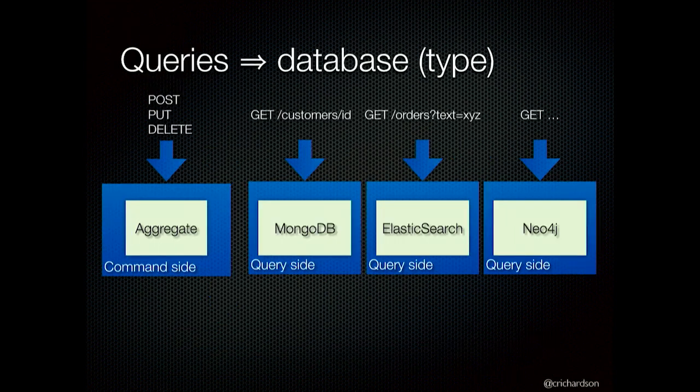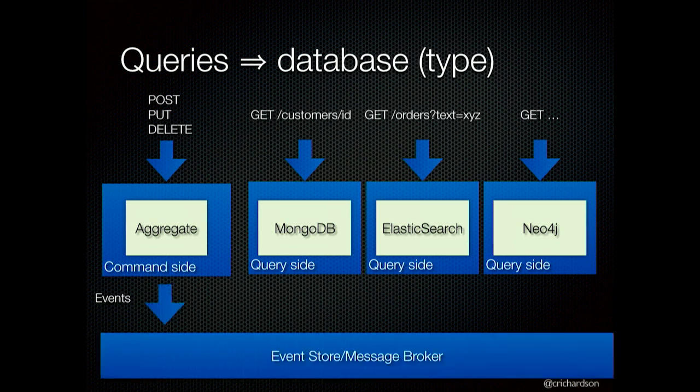And at an architectural level, you could very well have multiple of these query side views. The idea is for each group of queries, you define a schema that will support that group of queries efficiently. So for instance, if you need to return blobs of JSON through a REST API, you could use MongoDB. Whereas if you need to do text search queries, you can use Elasticsearch.